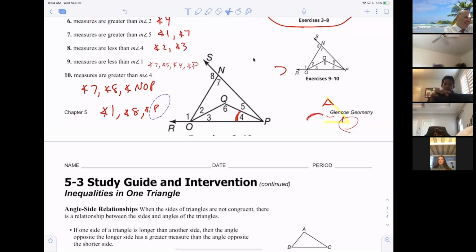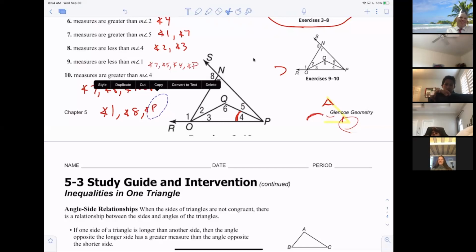Be consistent. All right. So now, I'm not sure if I can see anything else.